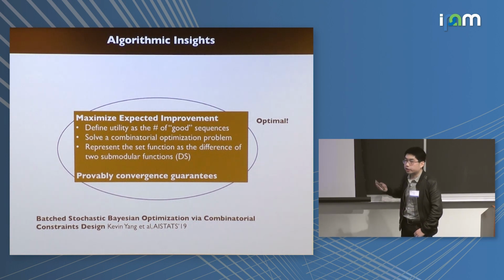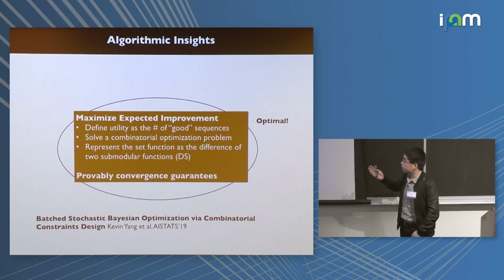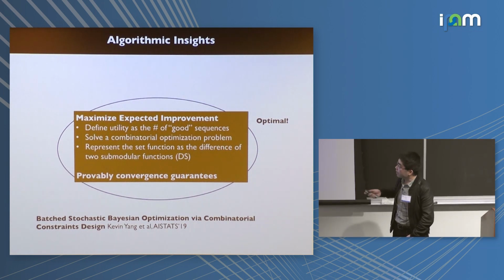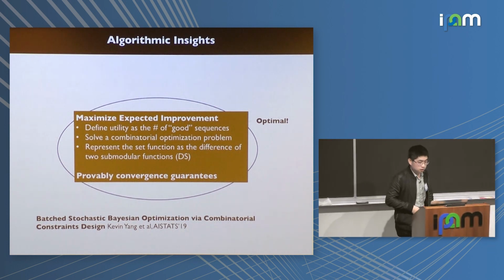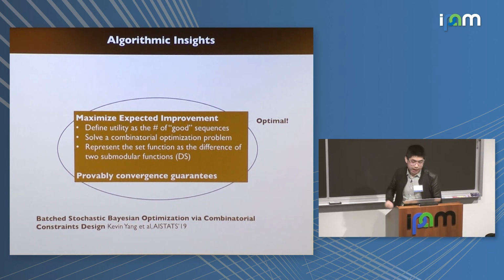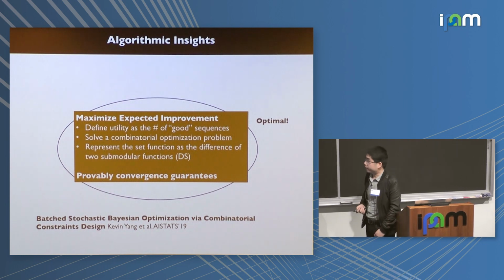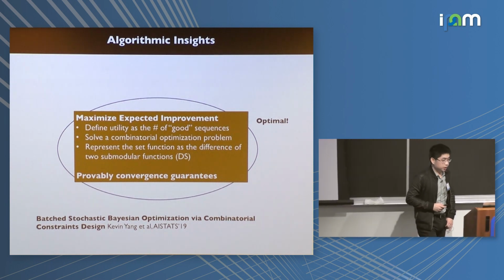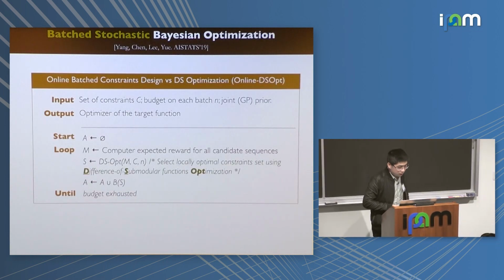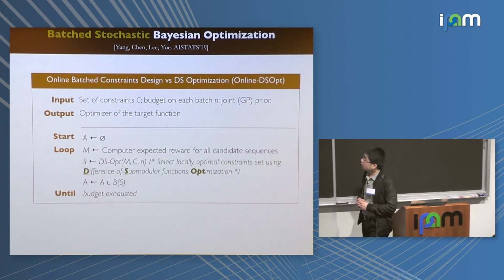So we're leveraging the structure of the protein sequence domain to come up with an efficient decomposition for this DS optimization procedure, and we actually have a provable convergence guarantee for identifying a local minimum for a particular batch of protein sequences. All right, so I will skip the algorithm details.